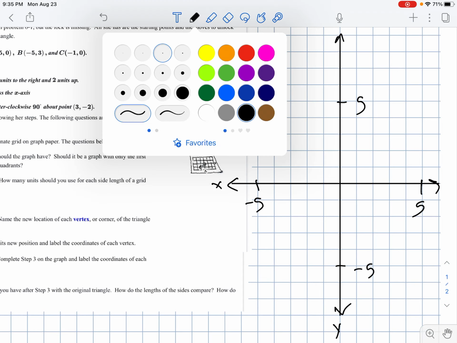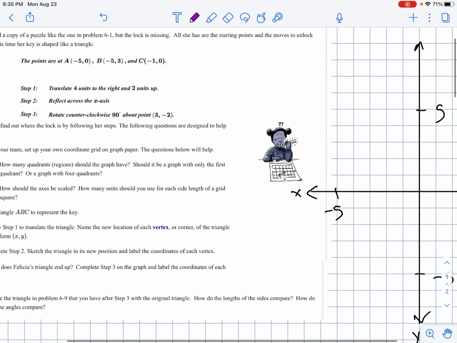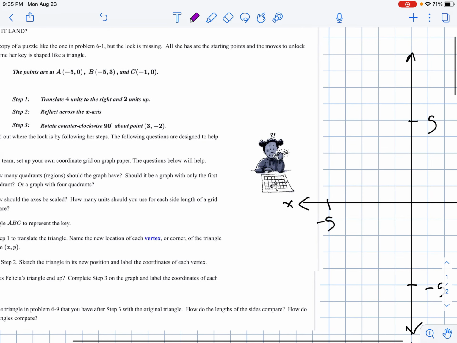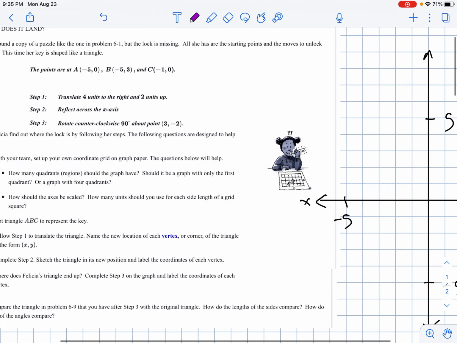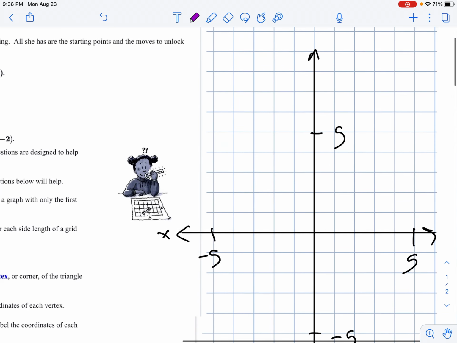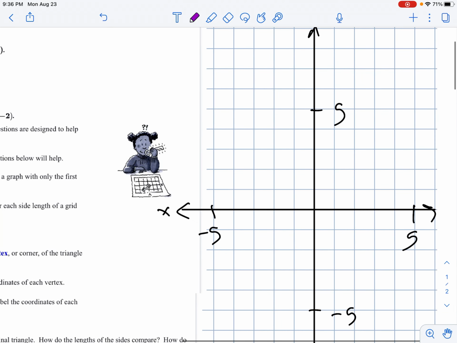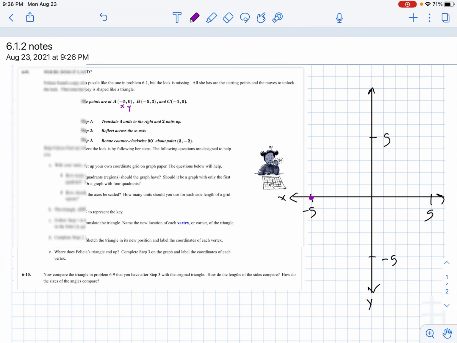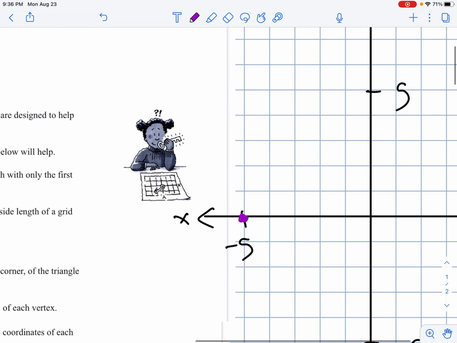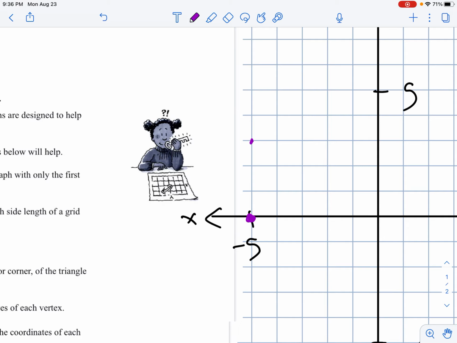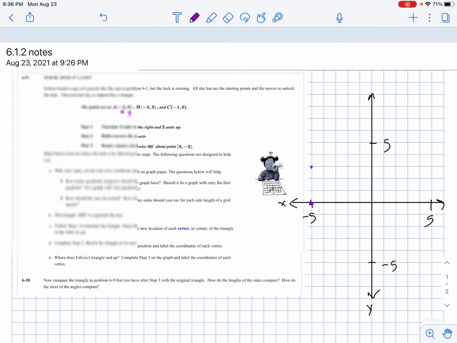And now we're going to plot onto there Felicia's triangle. So A is at (-5, 0). You guys should all know that x comes first, y comes second. So it's alphabetical in the coordinates, so (-5, 0) would be found right there. Then (-5, 3) is going to be 3 spaces above (-5, 0).